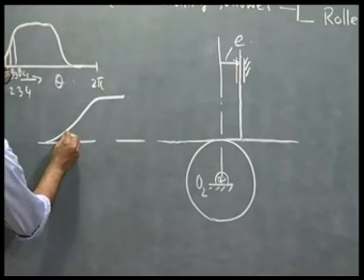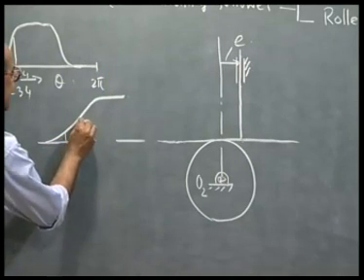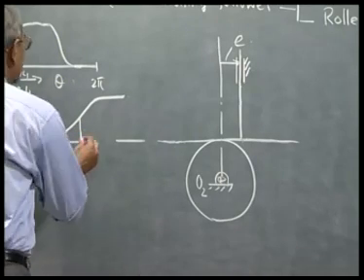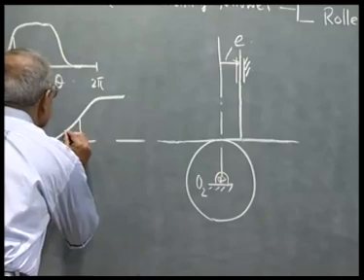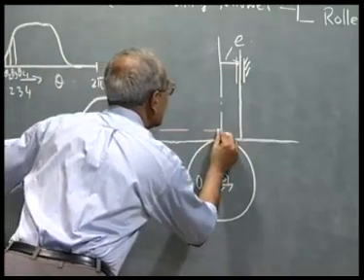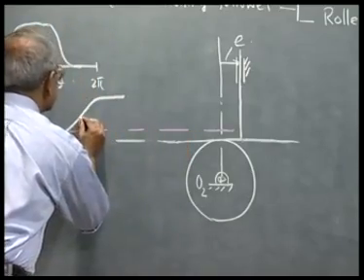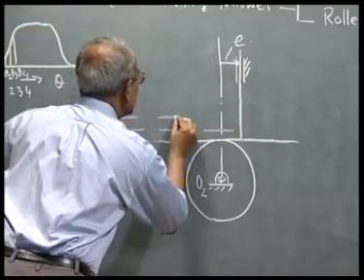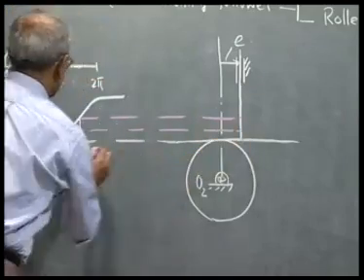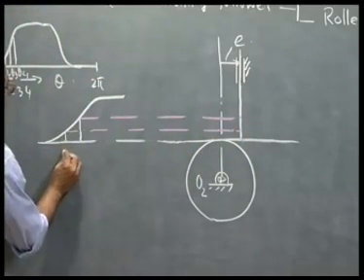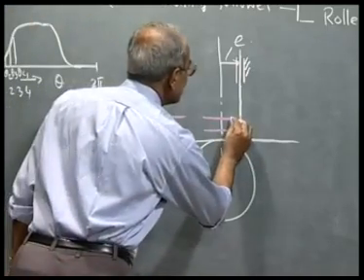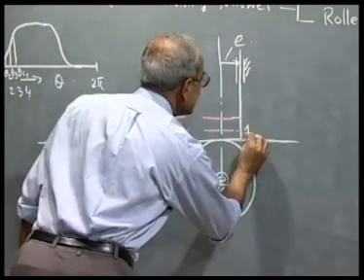Say this is station point 1, this is station point 2. So, what we do? We project these points onto this line on the follower axis. Let us say this is 1, this is 2. So, here again I mark this as 1, this as 2.